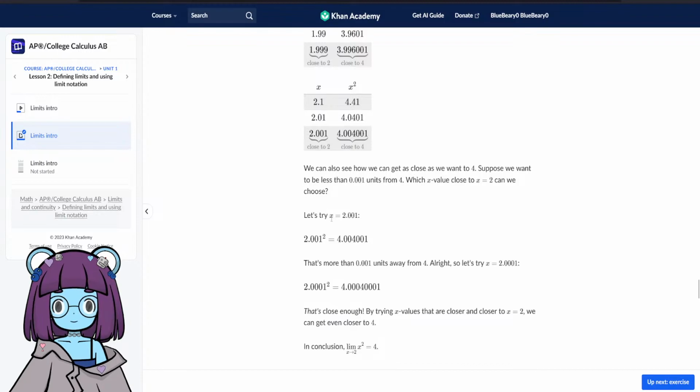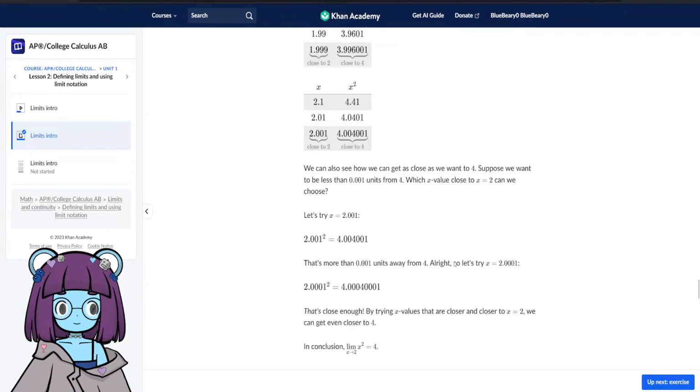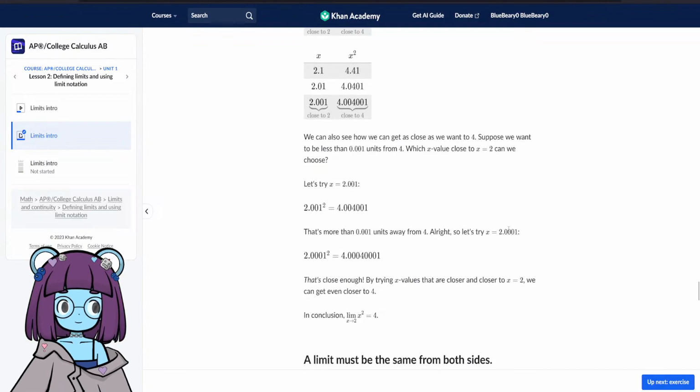Let's try 2.001. So we get this, and that is not close enough. Wait, is it? That's more than 0.001 units away from 4. All right, let's try another one.